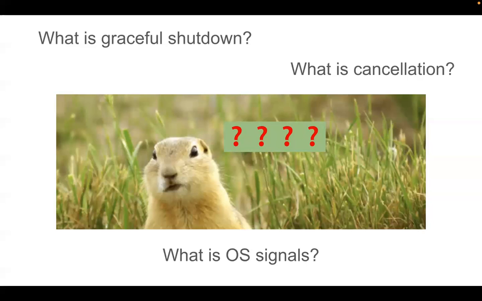They are important because the operating system talks to your program with this interface. And in Golang, you have a great package for this: os/signal is in the standard Go libraries.